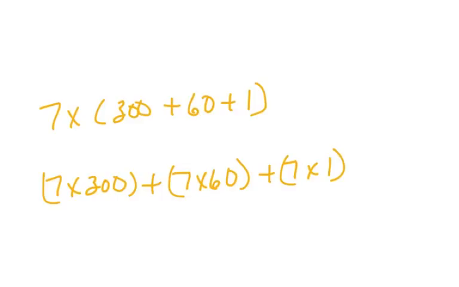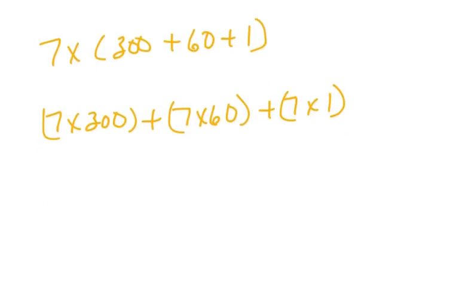Well, we work out everything that we have in our parentheses. 7 times 300 is 2,100, plus 7 times 60 is 420, plus 7 times 1 is 7. All of these are still the same. We still got the same partial products, just a little bit neater.